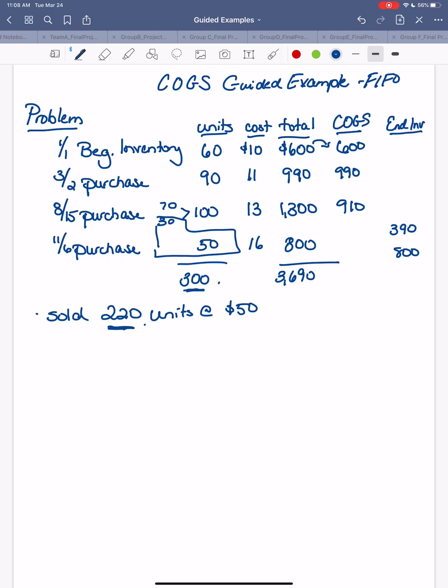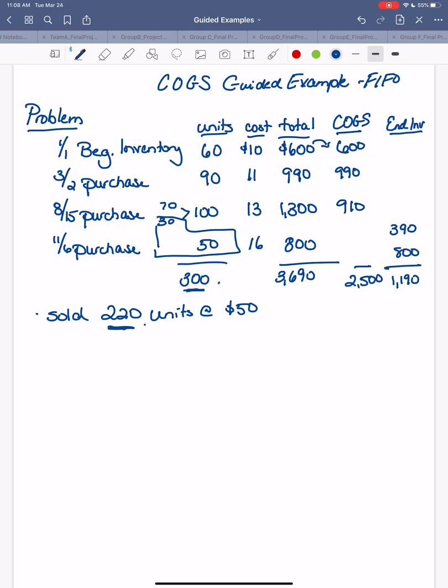Okay, so let's see if the math works. How can I check myself? I can add up my cost of goods sold column, and I can add up my ending inventory column, and I can see if they add up to what was available for sale. So with ending inventory, I have a total of 1,190. And I'm using my handy dandy calculator. That means cost of goods sold, I have 2,500.